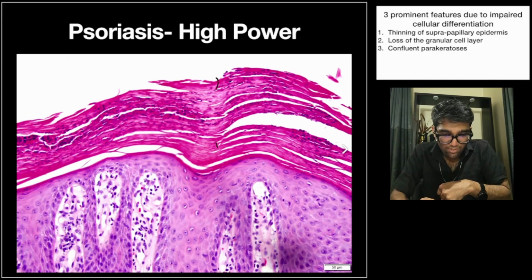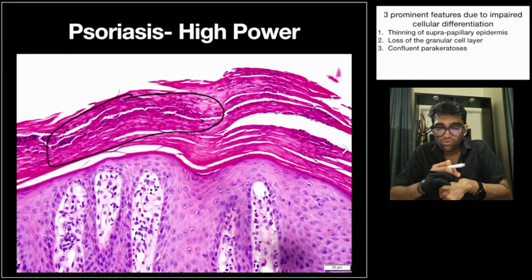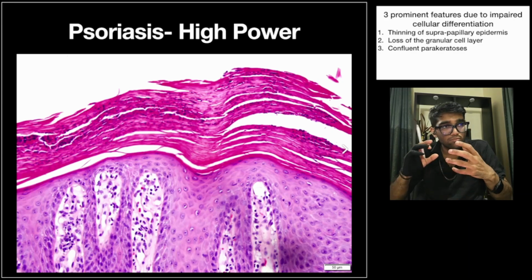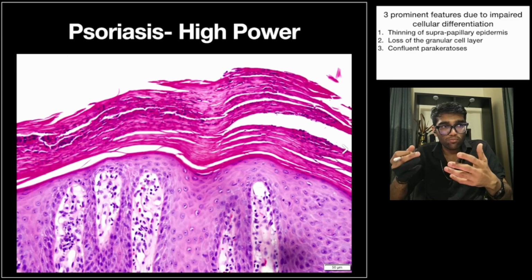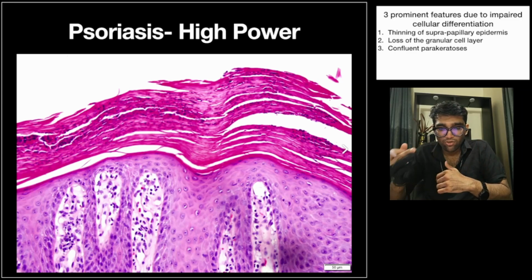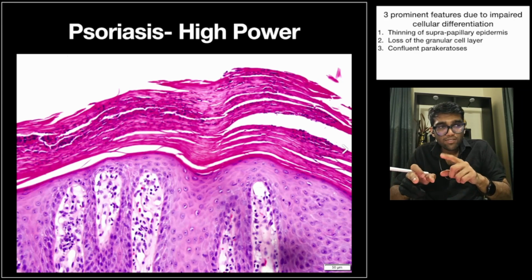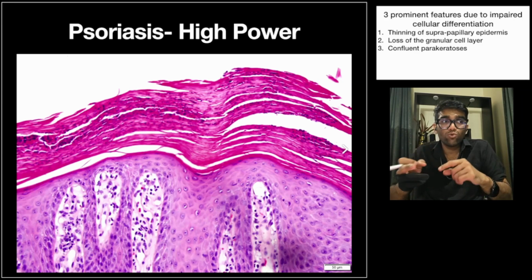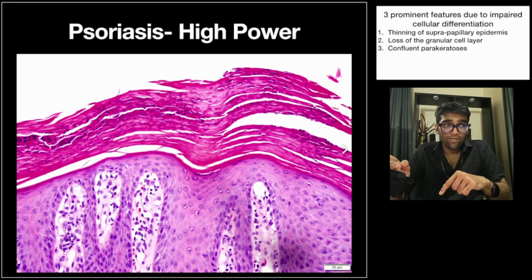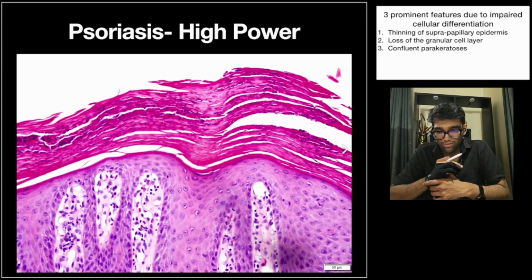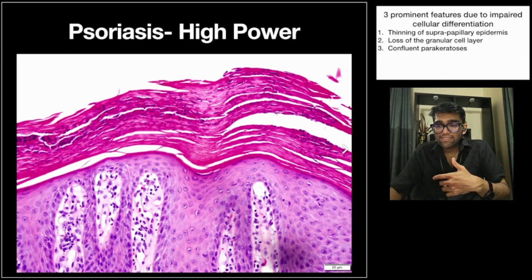Okay, but you can see there is a lot of bluish dots here, and those are obviously nuclei. So that kind of abnormal epithelium in the cornified layer, or what would be the superficial layer, in this case it's not fully cornified, is very odd. Okay, so that is because the cells have not had time to fully differentiate and lose their nuclei. So they have retained their nuclei. So that also indicates that there is impaired cellular differentiation.